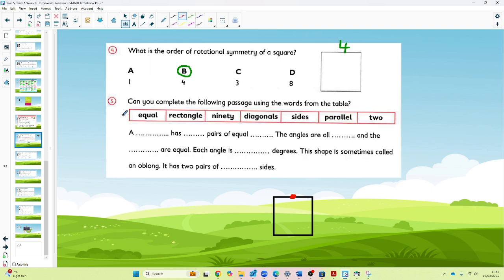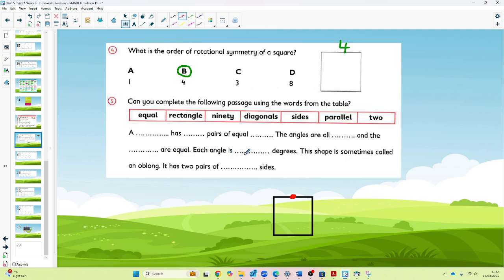Now, on question 5, you had to use this word bank at the top and slot it into the different spaces. So we're going to start with: a rectangle has 2 pairs of equal sides. The angles are all equal and the diagonals are equal.